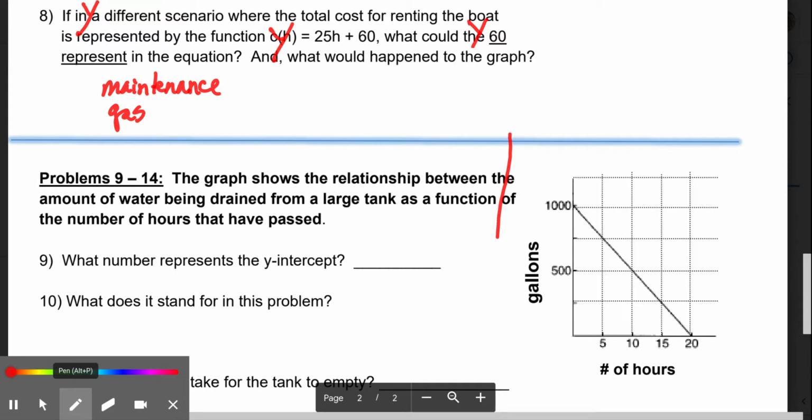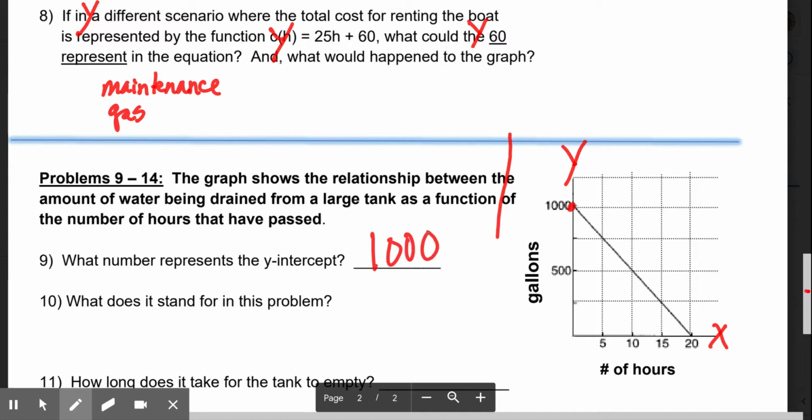All right, problems 9 through 14. The problem shows a relationship between the amount of water being drained from a large tank as a function of the number of hours that have passed. What number represents the y-intercept? So you need to remember that's your x and that's your y. So the y-intercept is 1,000.